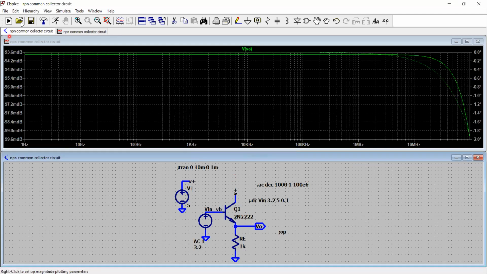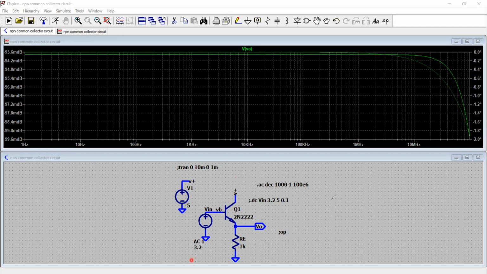As expected, I see a gain of minus 93.6 millidecibels. So it's not exactly 0 decibels, because I said the voltage gain of this circuit is approximately 1. Here we have seen that, right?